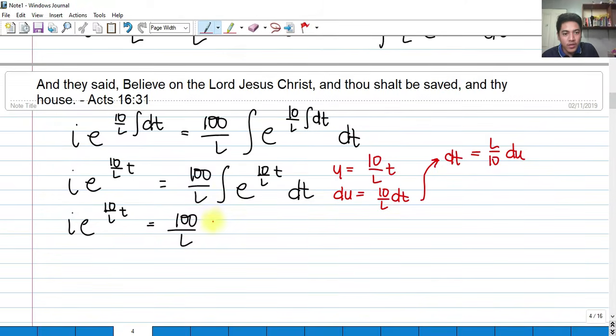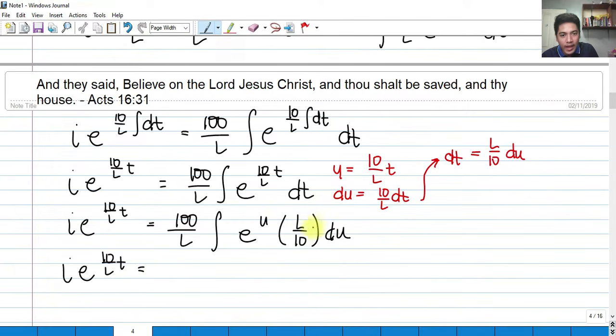So we can simply substitute that to our integral. So we have now e raised to u, of which u is equal to 10 over L t, and we have dt is now equal to L over 10 multiplied by du. Now, I can factor out again L over 10 because we are integrating with respect to du. That's right. 100 over L multiplied by L over 10, the integral of e^u du.